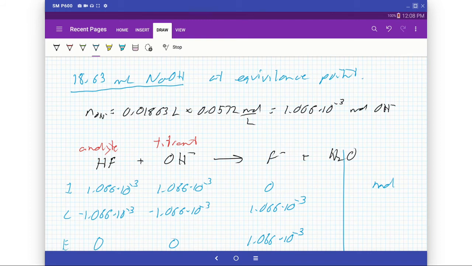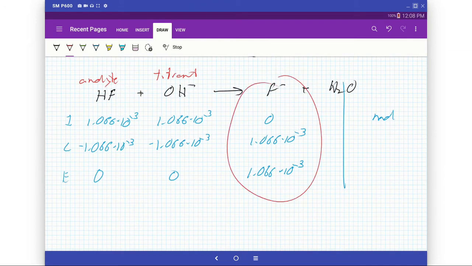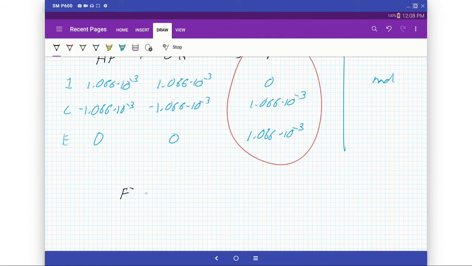We are at the equivalence point. And what controls the pH? The conjugate. That's the only thing we have anything of, is the conjugate. And we know, because HF is weak, that fluoride will hydrolyze in water.